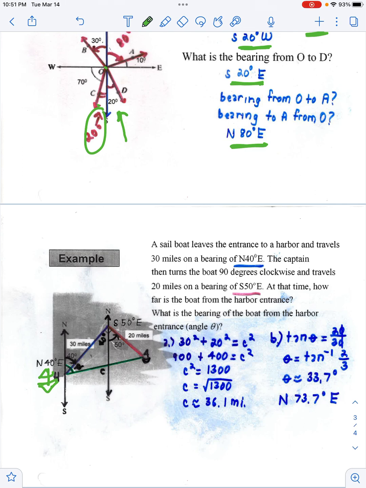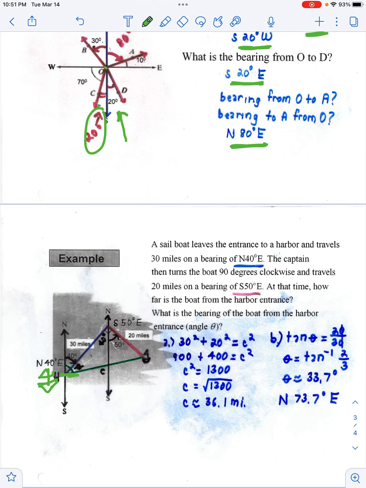So what I do is I approximate that line. I drew northeast, and 40 degrees, like I imagine with a right angle here, 40 degrees isn't quite halfway. So I drew the blue line up and to the right, and I drew it any length you want, but I label that 30 miles.